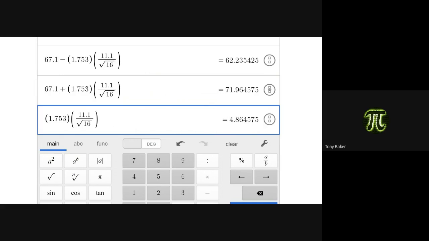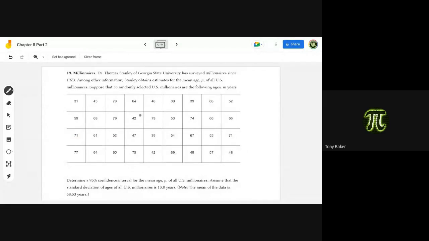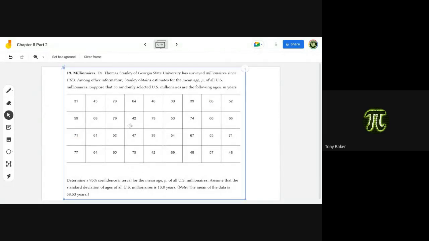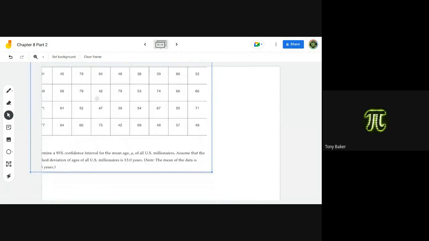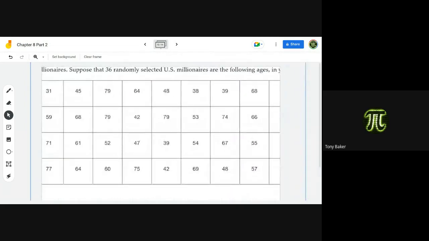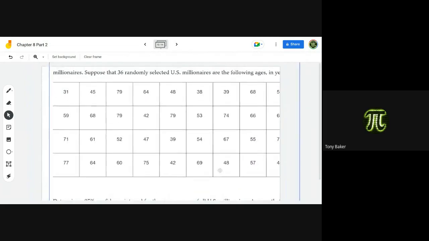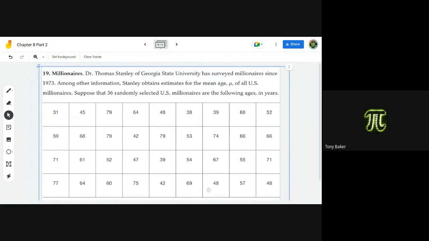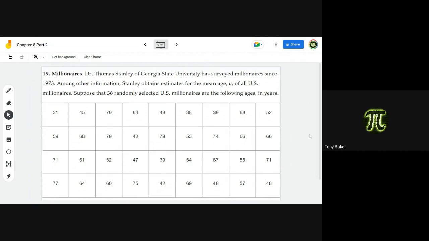Okay, so let's look at this first problem. All right, so we have millionaires. We have 36 randomly selected U.S. millionaires for those years.